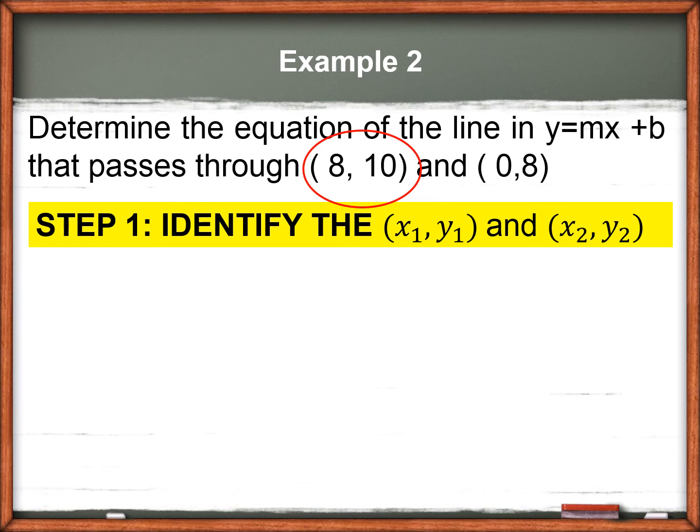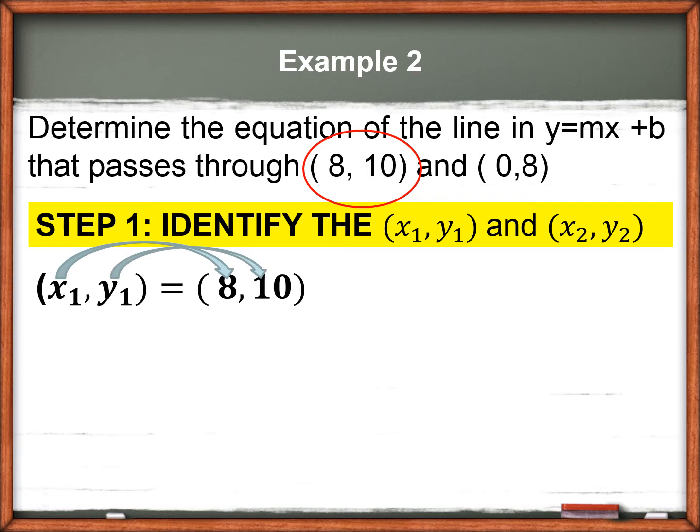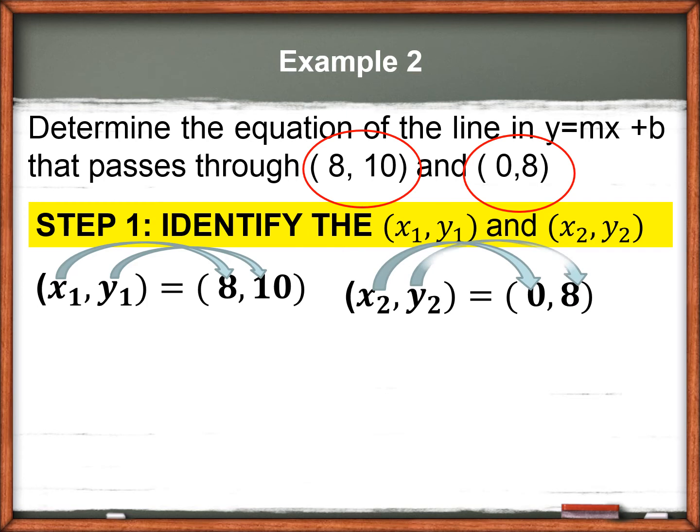We will label (8, 10) as our x sub 1, y sub 1. Again, our x sub 1 is 8, our y sub 1 is 10. We will label (0, 8) as our x sub 2, y sub 2. Again, our x sub 2 is 0, our y sub 2 is 8.